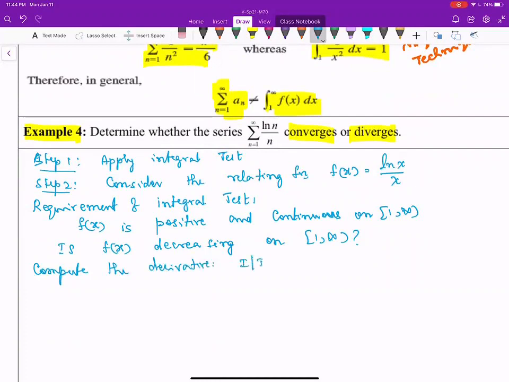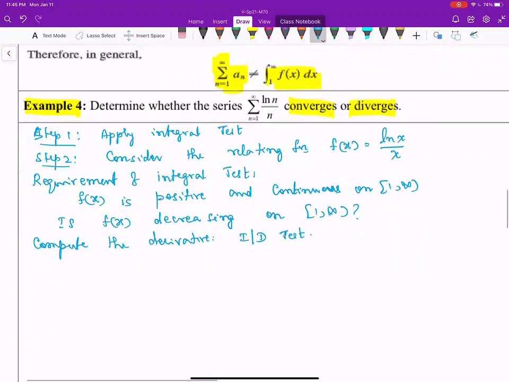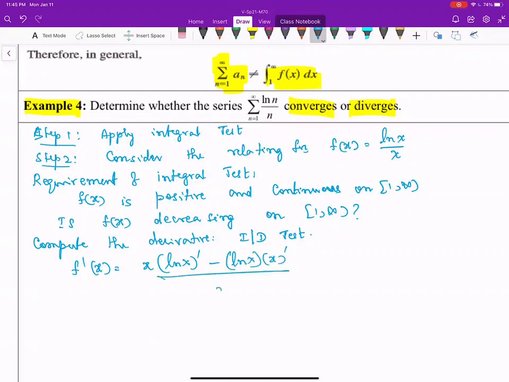We are applying the increasing, decreasing test by checking the derivative. So f prime is denominator times derivative of numerator minus numerator times derivative of denominator, divided by denominator square. So I'm looking at the function f of x equal to ln x over x and applying the quotient rule to find the derivative.